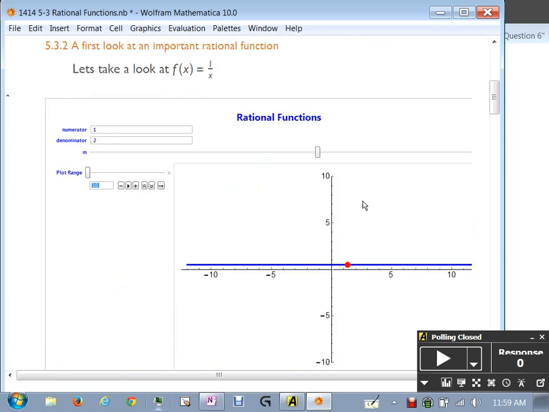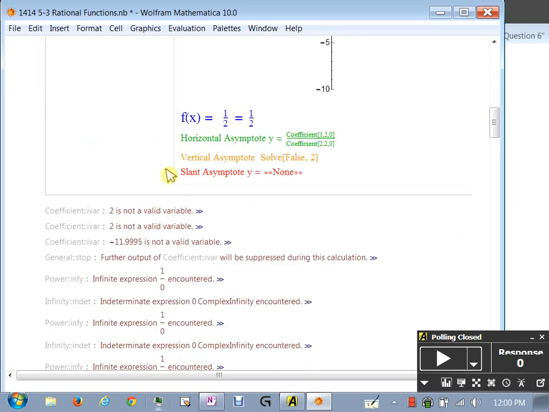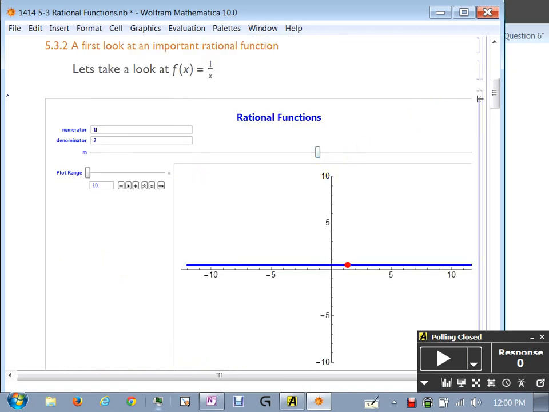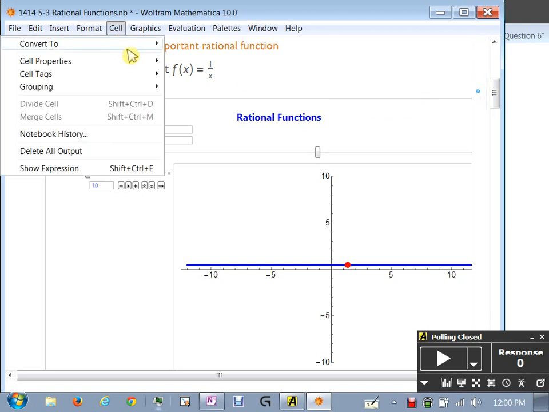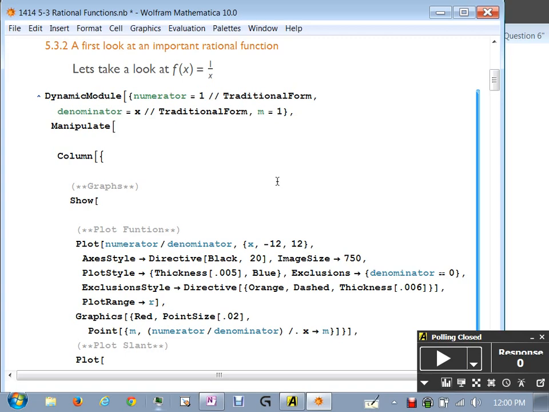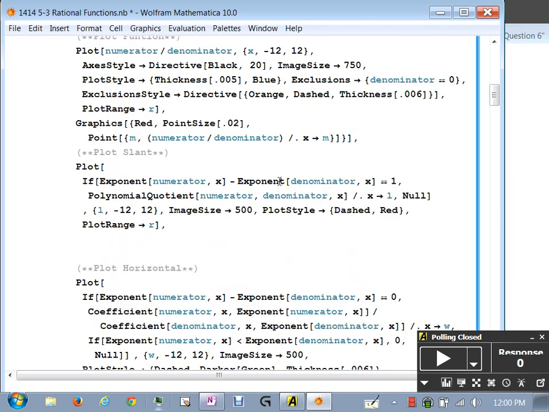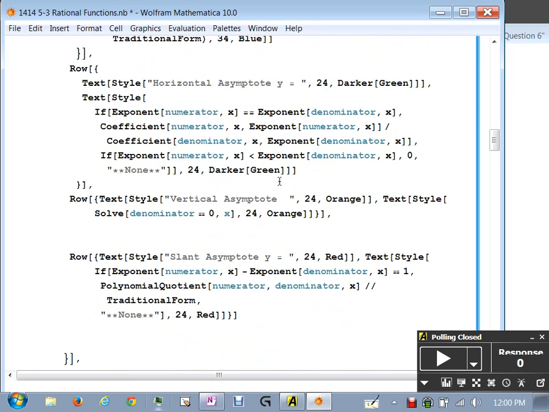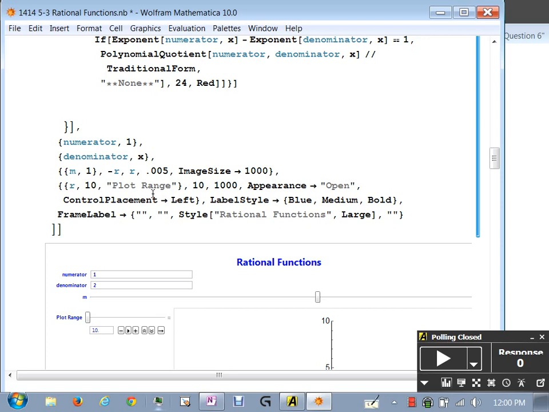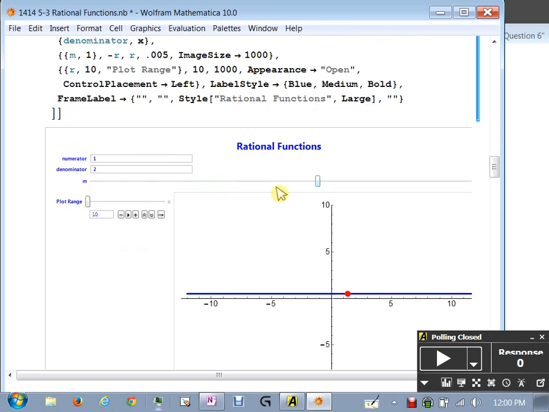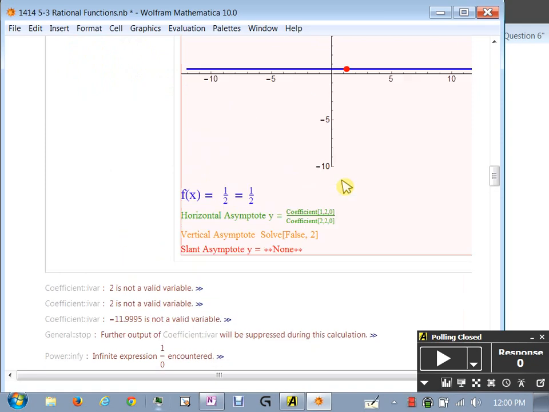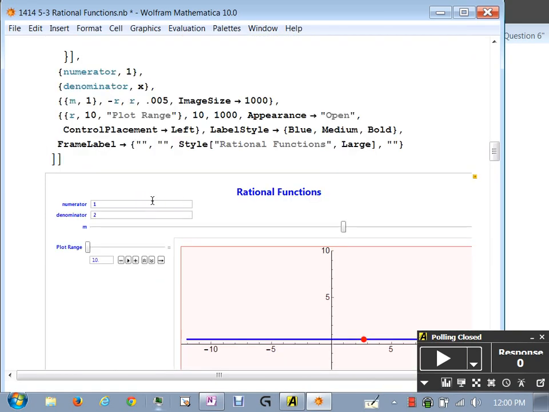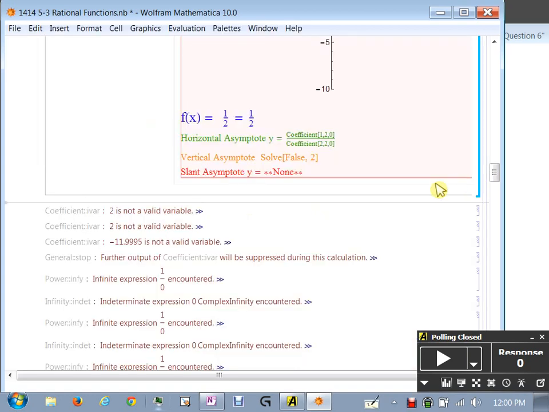Sorry, that was not the graph. What happened? I have no idea why that's doing that. I know it shouldn't be. Hold on. I've got to change my code, and I don't know if I'm going to be able to recover that. I did something to my code. Let me see. It worked last night. All right.